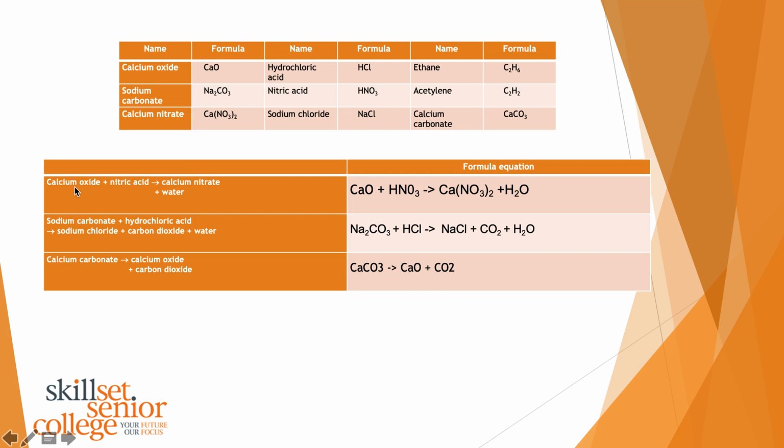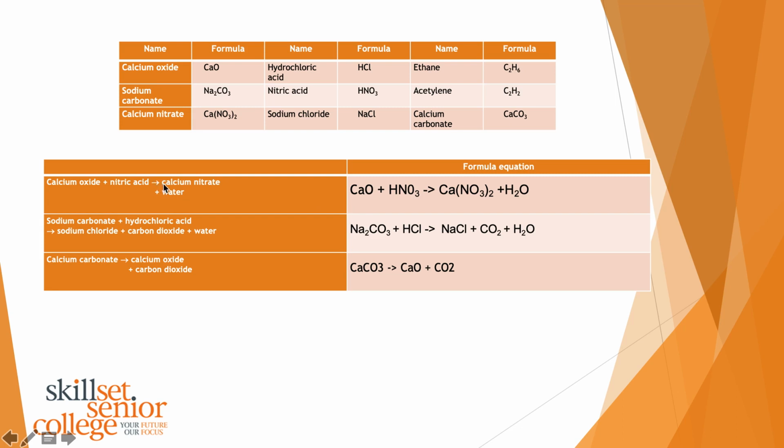So the first one is calcium oxide plus nitric acid. Calcium oxide is up here, CaO, plus nitric acid, which is HNO3. So just write that in: calcium oxide plus nitric acid. And then the way that we write a chemical equation is we have this little arrow.